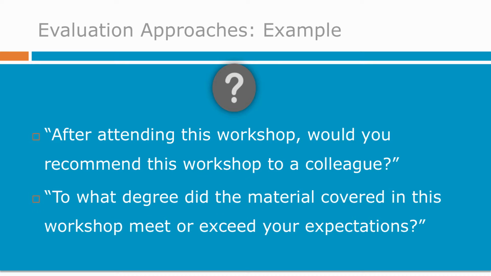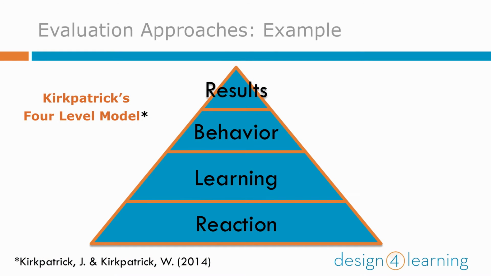instruction or training. The learning level is easily measured through those summative learning assessments that you created to align with your learning outcomes. Behavioral changes, according to Kirkpatrick, are more difficult to assess. But let's say you design some online training for library paraprofessionals.